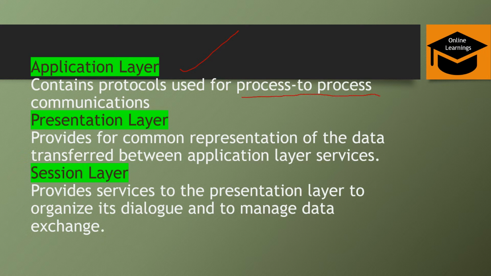After this brief discussion of the models, we'll go into detail on all the layers and learn about everything, but right now we are just understanding the structure of the models. The 6th layer is the presentation layer. It provides a common representation of data.